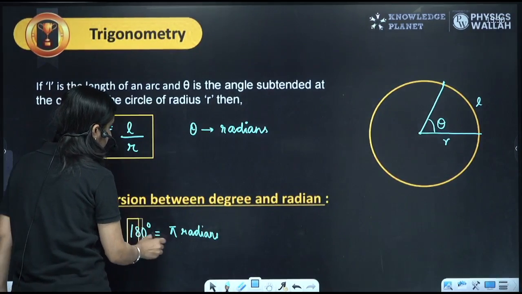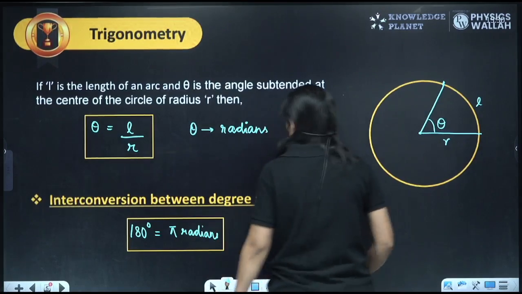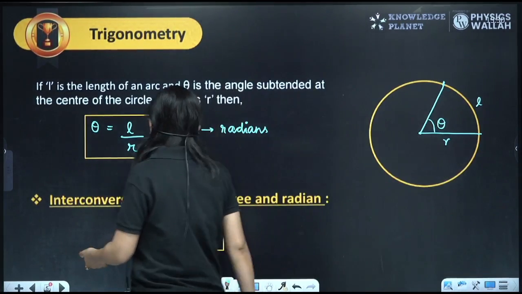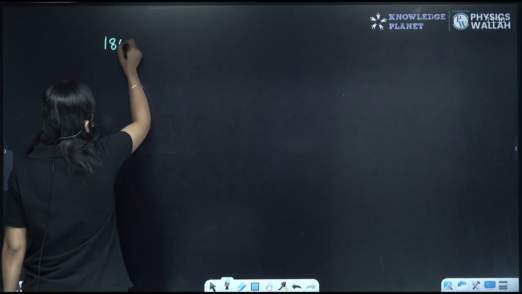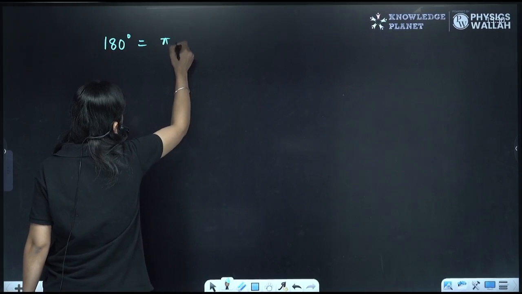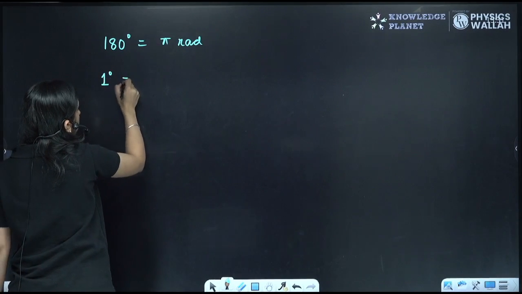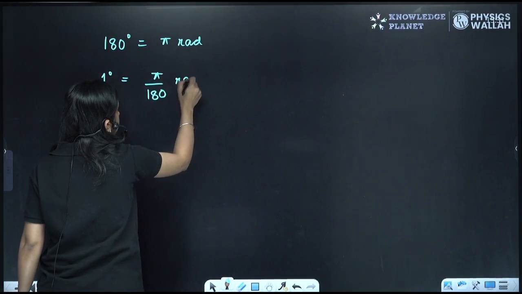From this we can follow that 1 degree is equal to pi by 180 radians, and 1 radian is equal to 180 by pi degrees. So we have 180 degree is equal to pi radians. So from here we will get 1 degree is equal to pi by 180 radians.